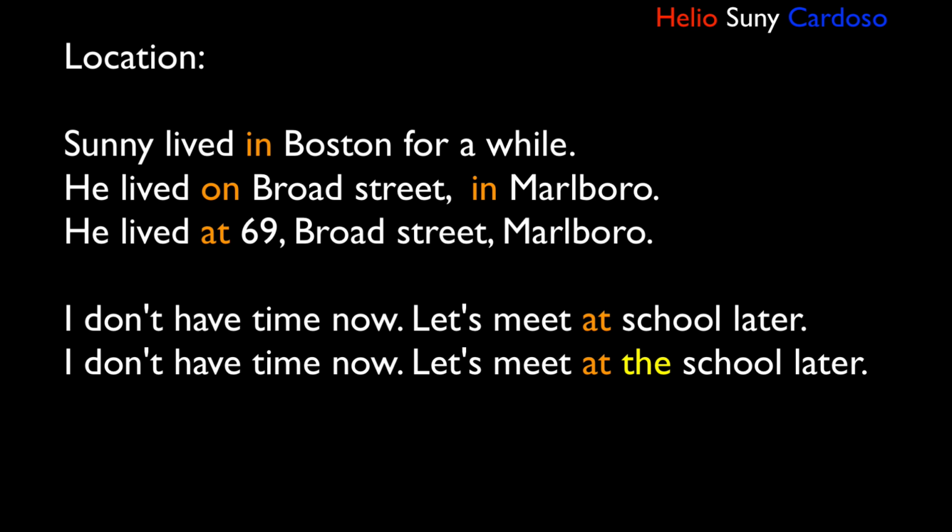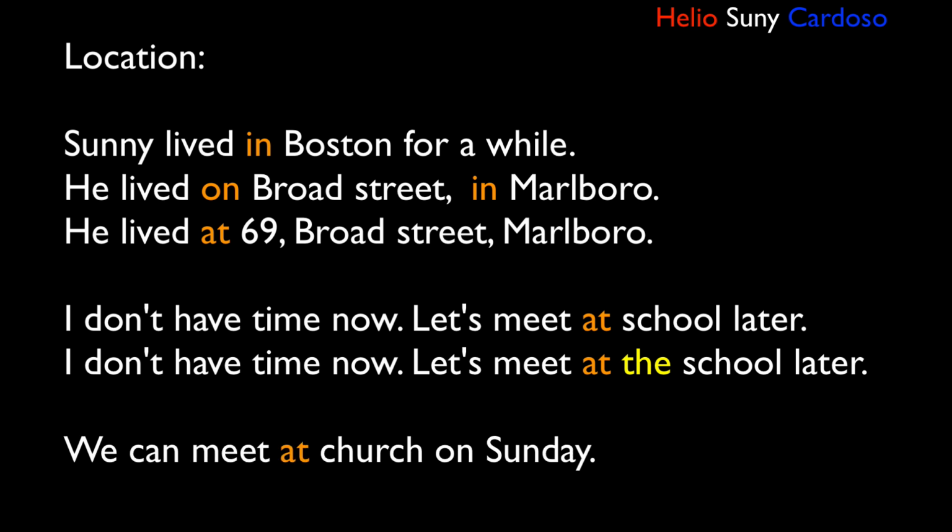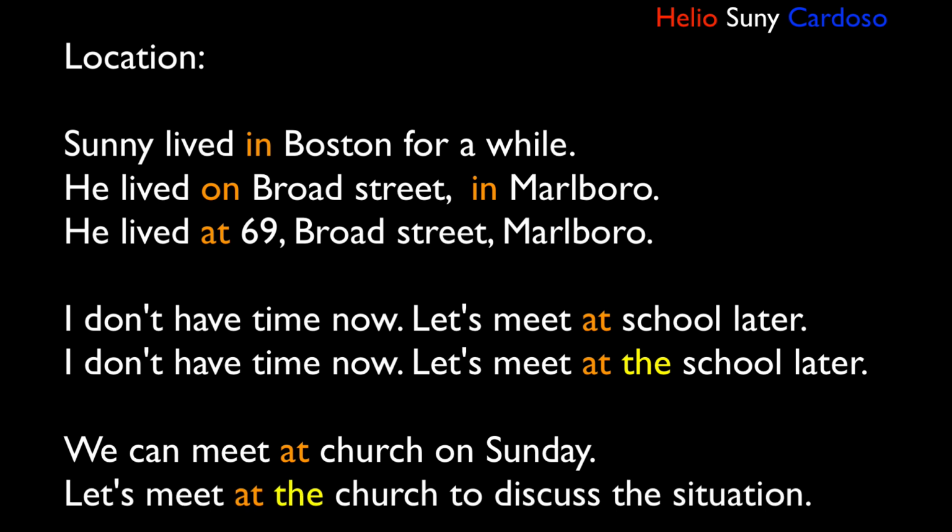They just are meeting at the school for some reason. Same thing with the next two sentences. We can meet at church on Sunday. Well, that means we're probably going to be worshiping at that church. Let's meet at the church to discuss the situation. At the church implies that the church is only a matter of location, just a point of reference.